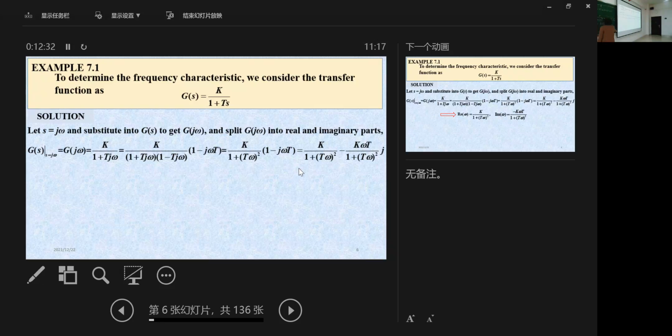And j squared is minus 1, so this should be plus here: 1 plus omega squared T squared. J squared no longer exists.